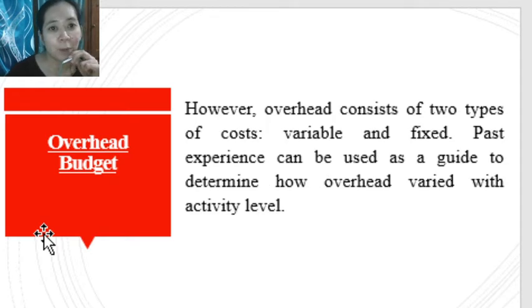However, overhead consists of two types of costs. They are classified as variable and fixed overheads. Based on past experience, you can use that as a guide to determine how the overhead varies with the activity level, especially for variable overhead costs.